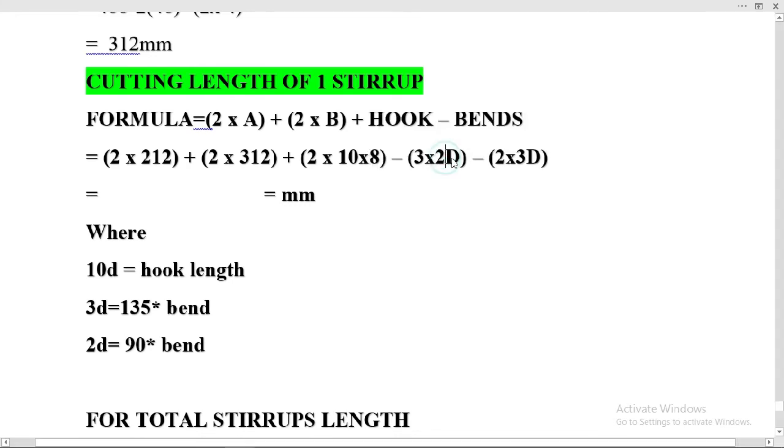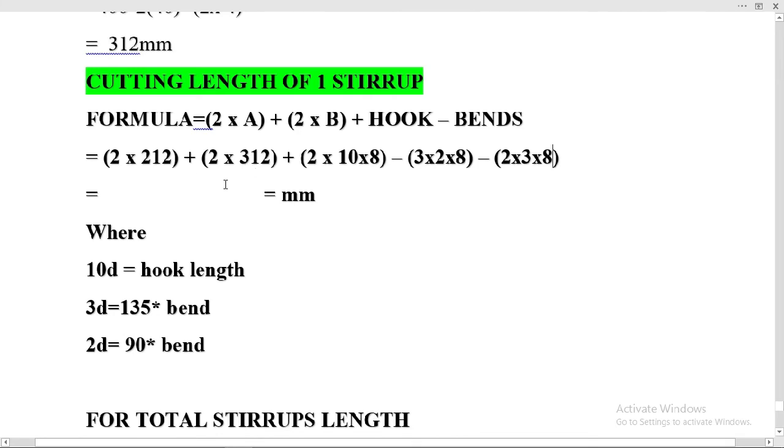Here the bend deduction for 135-degree bends is multiplied with the dia, we have 8, and 3d, dia we have 8 millimeter of the stirrup.